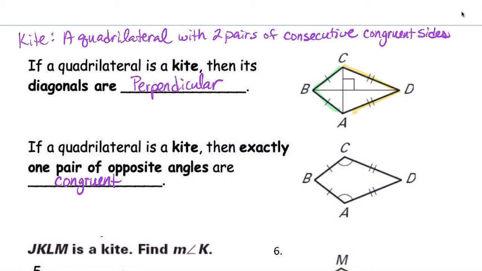Now, the opposite sides are unable to be congruent to each other, and so it is not a parallelogram, not in the parallelogram family. It is different. The kite will have diagonals that are crossing each other in a way where they're making a right angle with each other. They are not bisecting each other, but one of them is bisected by the other.